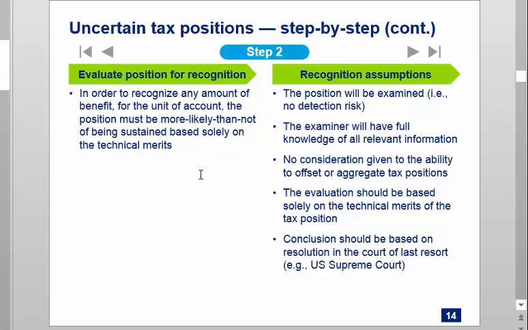Okay. Next thing. So now we get to the credit, and we're going to our recognition test. And remember what Yusef was saying earlier. This is just you determining if, on a technical merits basis alone, would I win? So Oracle's going to say, yeah, we do R&D. That's how we succeed. We make new stuff, right? Our new stuff is cool. It does new things. That's R&D. We should get a credit. We should win.